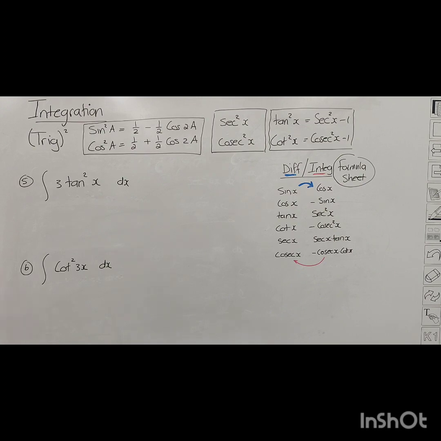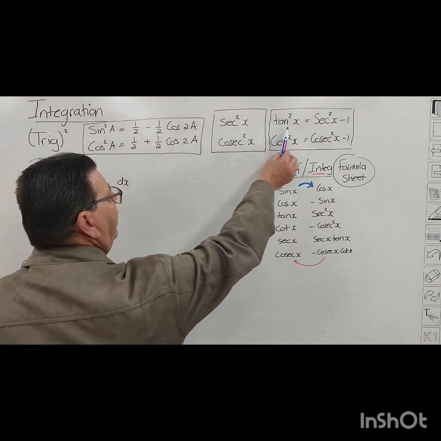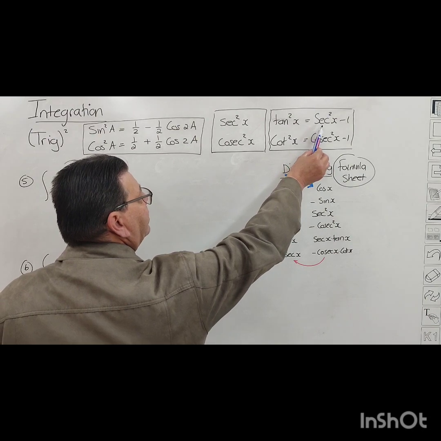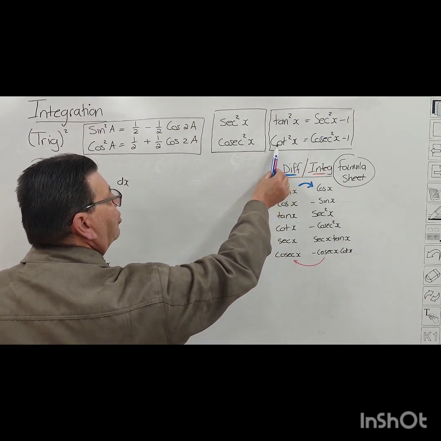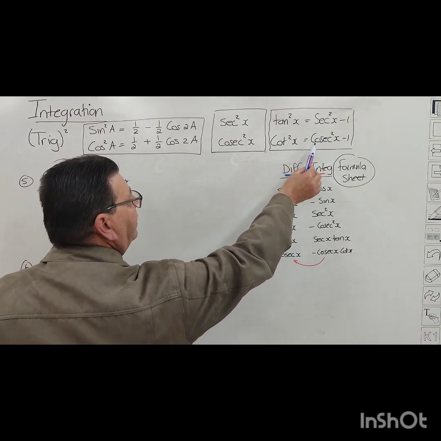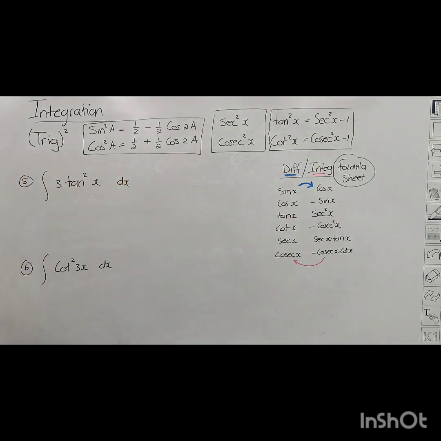So in the last two, I'm going to integrate tan square and cot square. So tan square, square identity is sec square minus 1, and cot square, square identity is cosec square minus 1. So I can rewrite this into that identity.